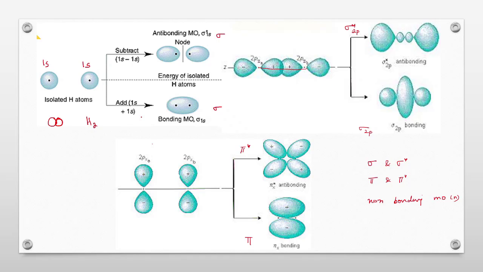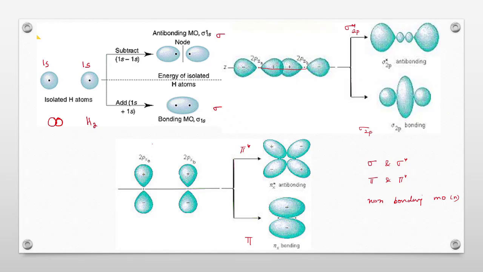So in a molecule, the atomic orbitals combine to form molecular orbitals, which can be sigma, sigma star, pi, pi star, and molecular orbitals containing lone pairs are called non-bonding molecular orbitals.